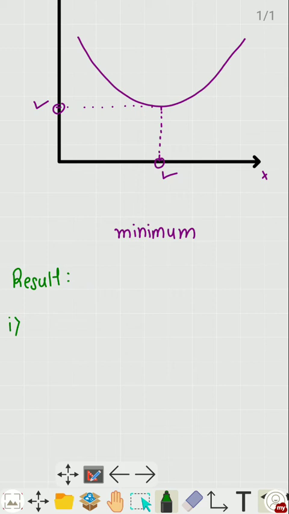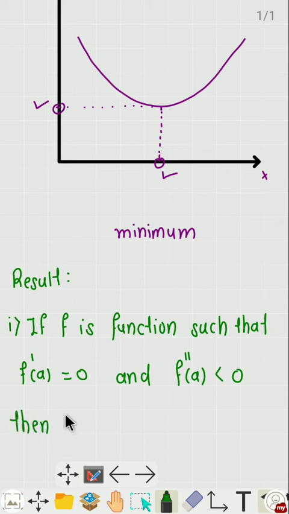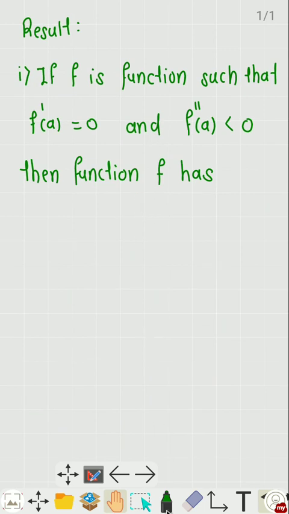First result: if f is a function such that f dash at a is equal to 0, and the second derivative of function f at point a is less than 0, then the function f has a maximum at x is equal to a.